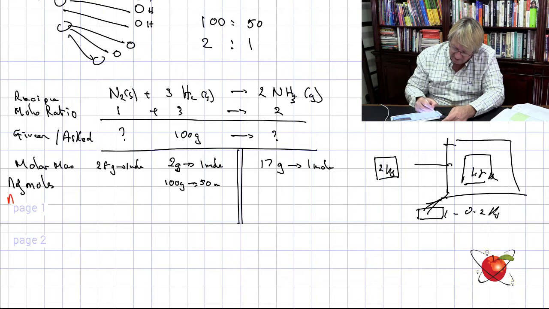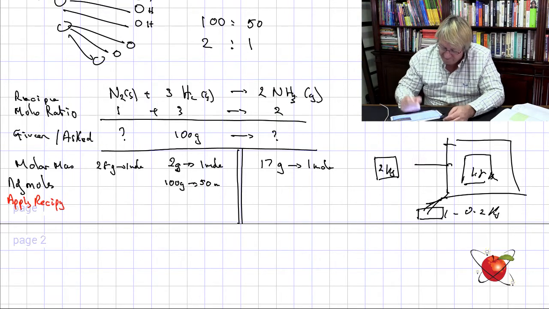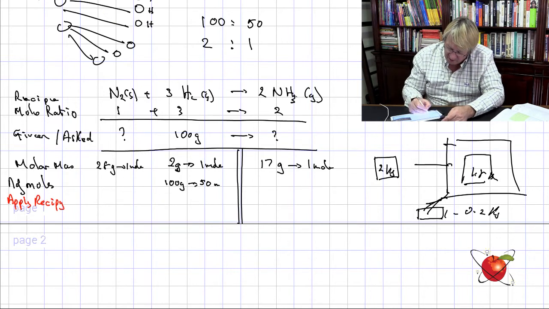Next one, apply recipe. Therefore, we say, okay, 50 moles of that, right? And now this has got to react in 3 to 1. So how many moles? Remember, we don't know, and we don't know.